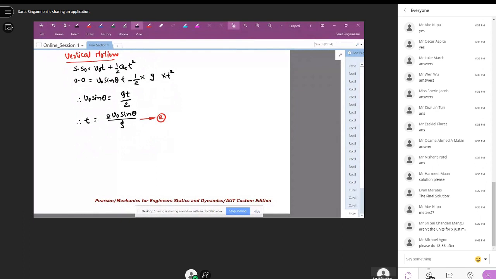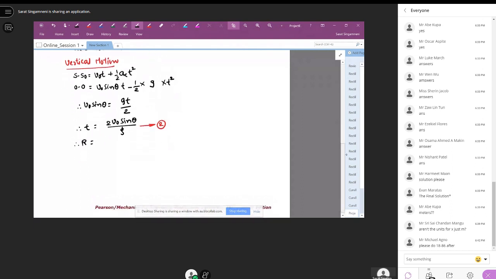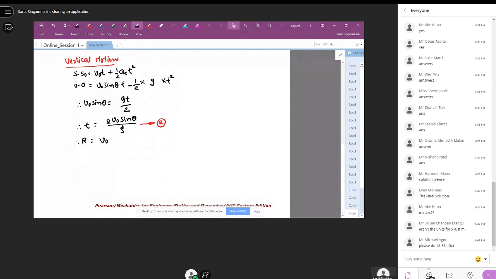If you use equation 1, r is equal to, what is equation 1? R equals V0 cos theta times t. But instead of this t, we can substitute equation 2.